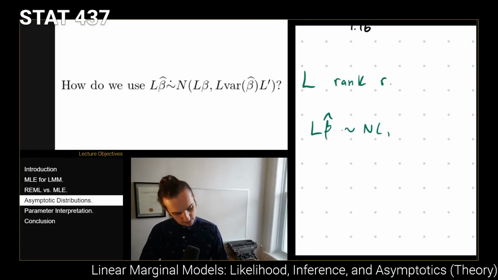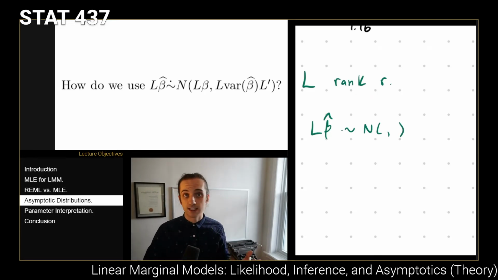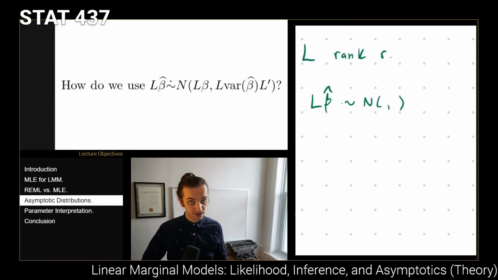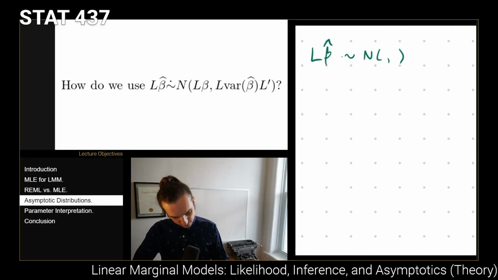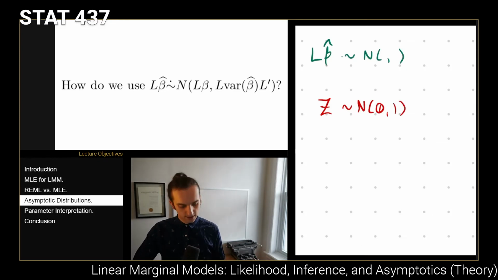And so if you have seen a course that uses multivariate normals quite often, you may have seen how we can convert this into a nice chi-squared hypothesis test. So if not, if you remember that if we take z as standard normal, then z squared is going to be chi squared 1.